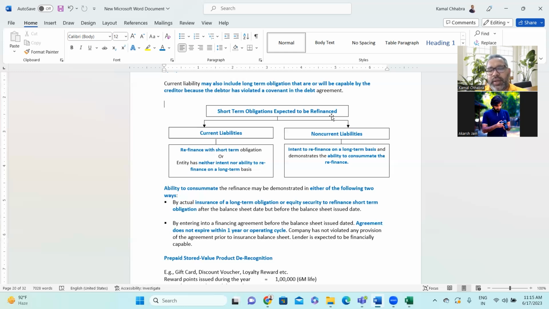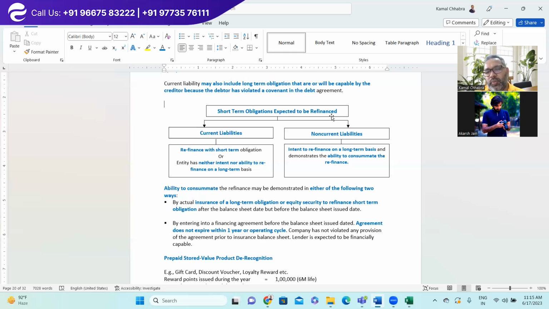That means ICICI will pay HDFC, and then the loan will be due in ICICI, and in future you will be liable to pay ICICI, not HDFC. Same way, there are a lot of different categories of refinancing: refinancing of short-term liability or of long-term liability.